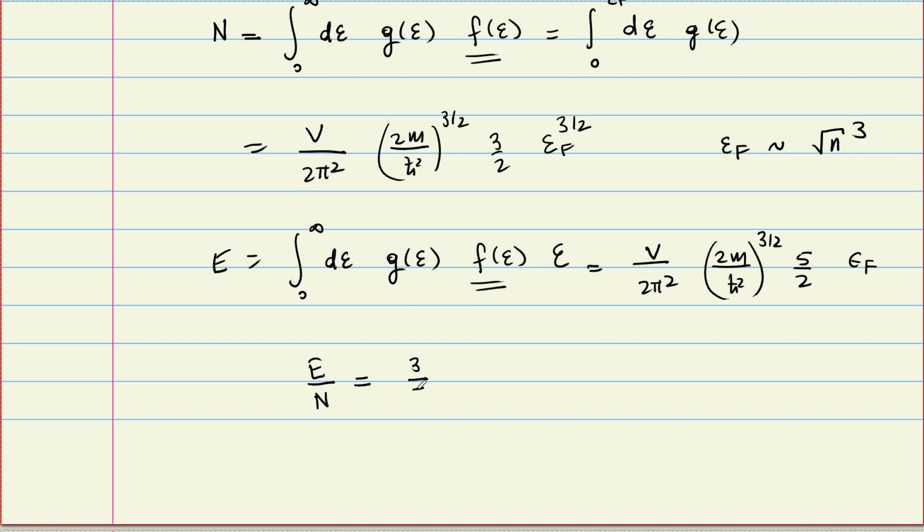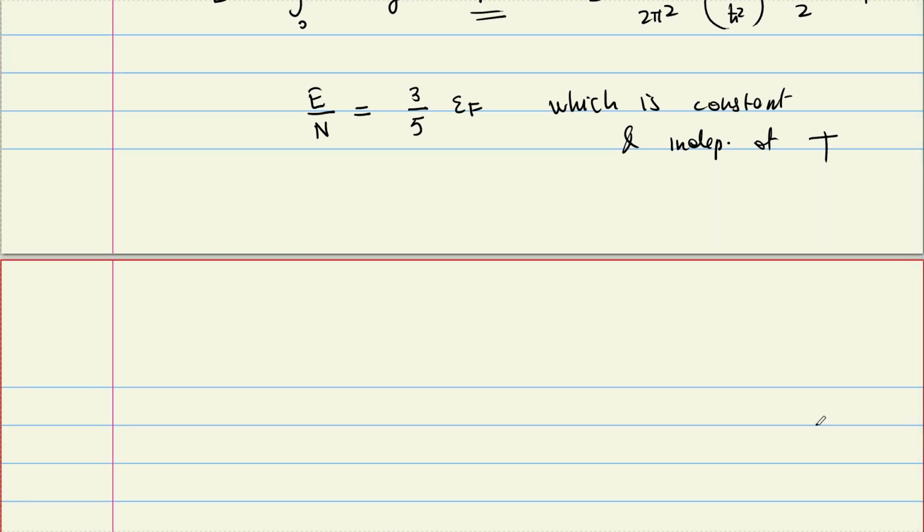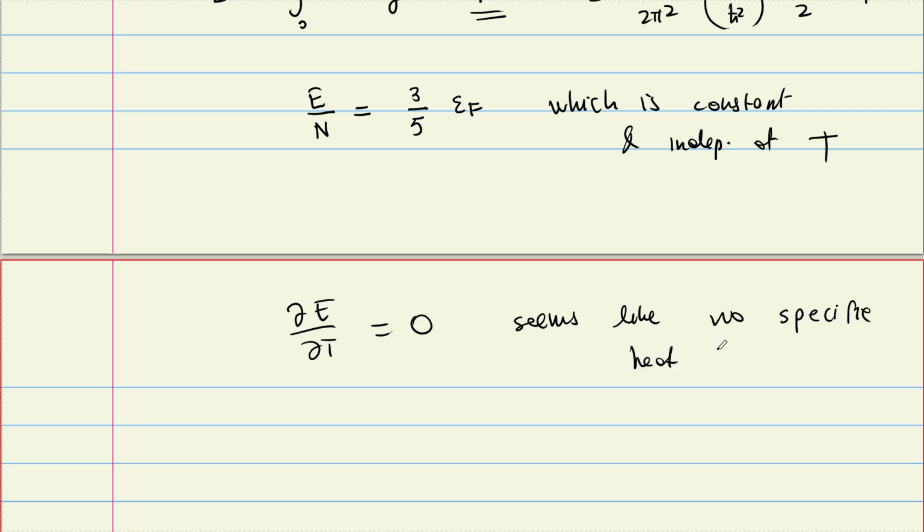What remains is this famous factor, 3 over 5 E Fermi, which is constant and independent of T. So if something is independent of T, if I take the derivative, then del E del T seems to be 0, seems like no specific heat. But this is actually incorrect.